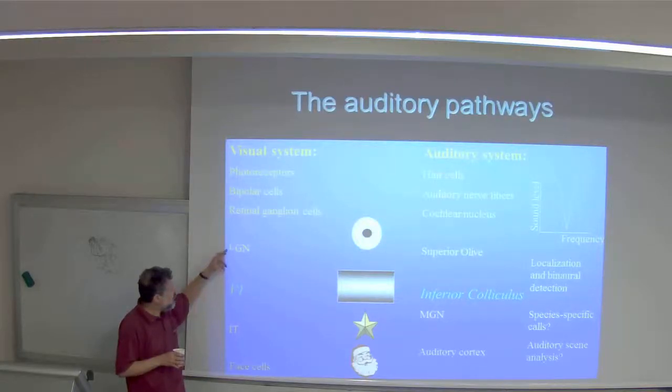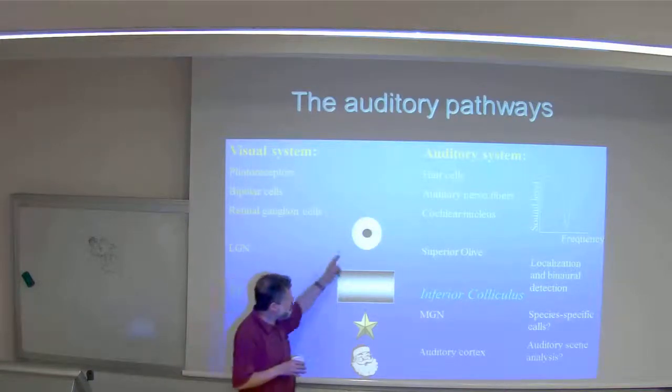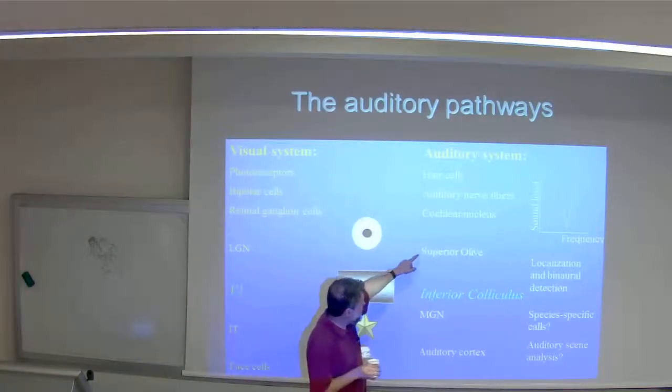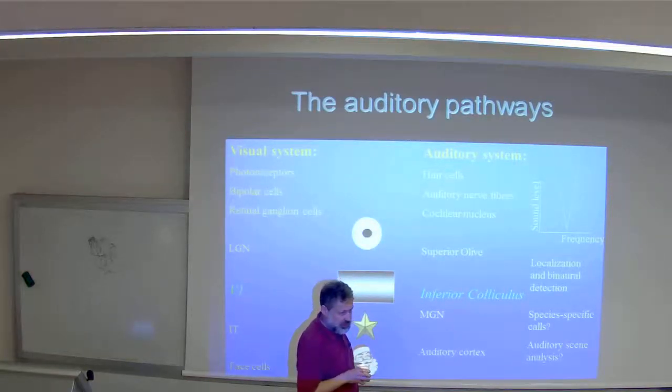People don't talk much about response properties in the LGN, and then V1 becomes the first interesting place after the retina. We saw in the auditory system that we go through very specialized processing in the superior olive, the MSO, medial superior olive, and the LSO, the lateral superior olive, and so on and so forth.